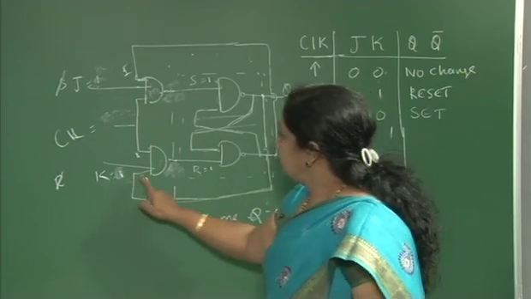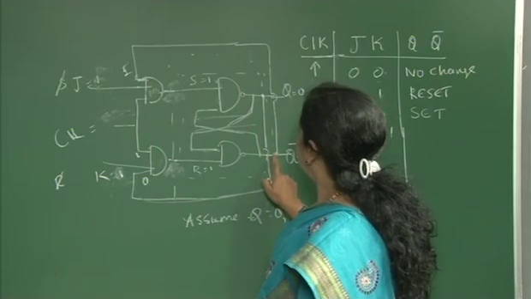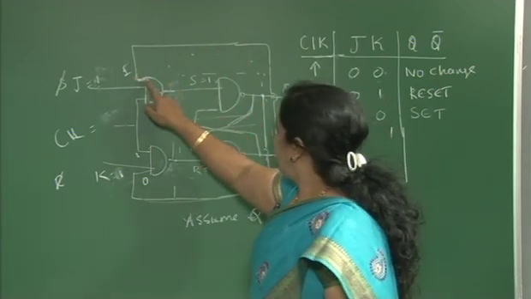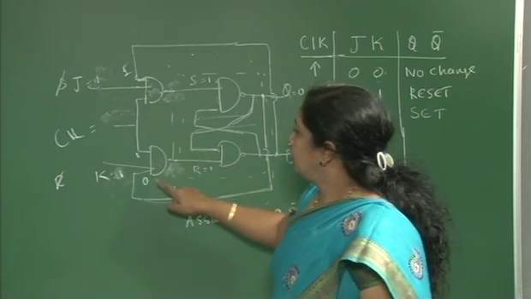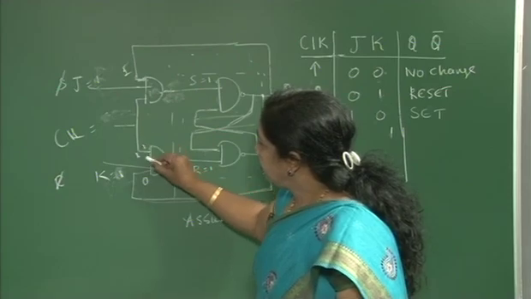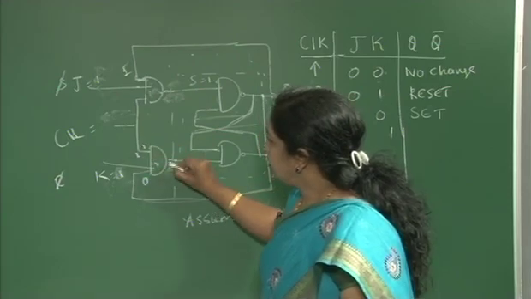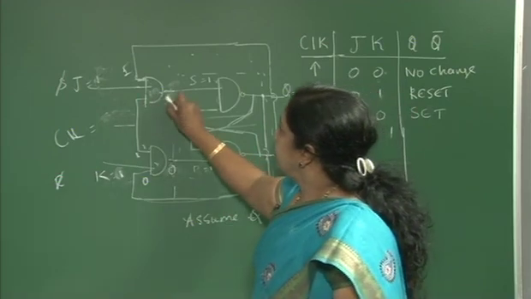So Q as 0, K is 1, clock is 1, and here Q complement is 1, J is 1, clock is 1. So the lower gate is disabled. Since we have 1, 1 and 0, the lower gate is disabled. So the upper gate is enabled.